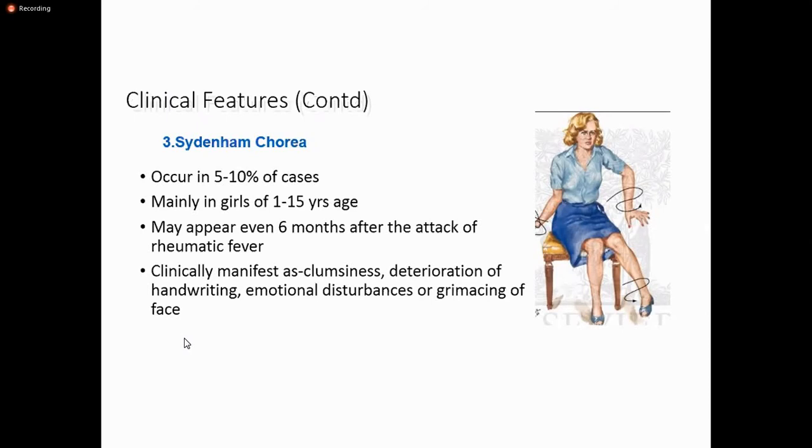It is clinically manifested as clumsiness, deterioration of handwriting, emotional disturbance, and grimacing of the face. So you can observe and ask for the history of the previous 6 months of rheumatic fever, or ask about a sore throat within the 6 months if you are suspecting a case of rheumatic arthritis.